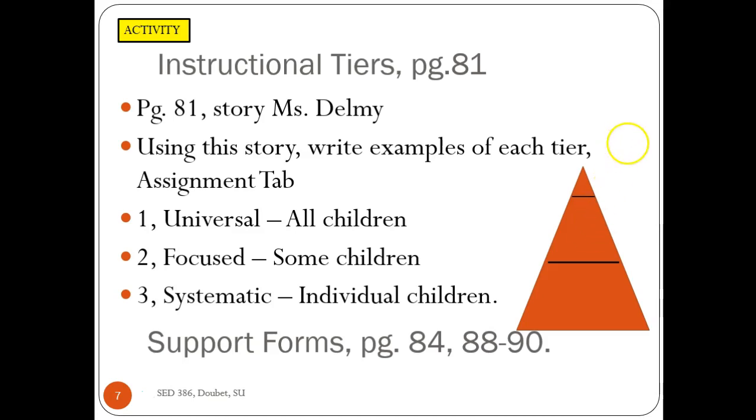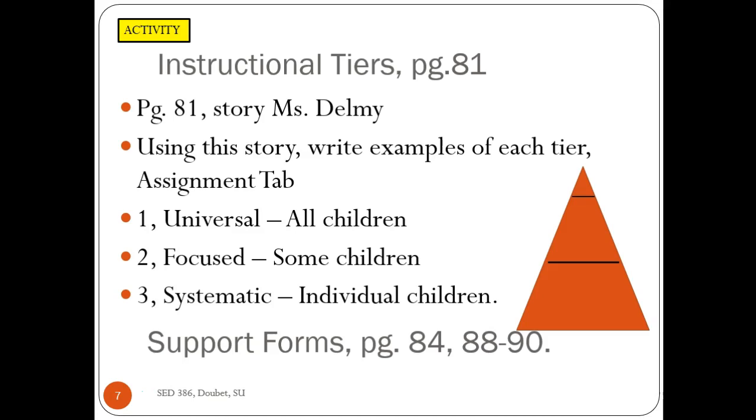And then finally, the smaller area, which is the top of your pyramid right there. It is a smaller area because some children need that. Some individual children need that systematic support. What we're looking at there is the individual learning needs of the children. These supports, this instruction, is going to be more intensive in nature. It's very highly prescribed procedures that will help with that student's learning.